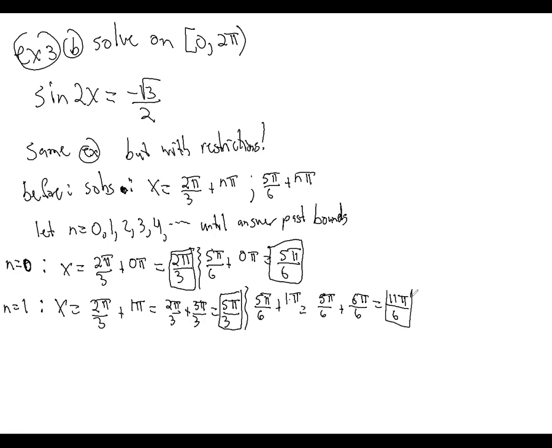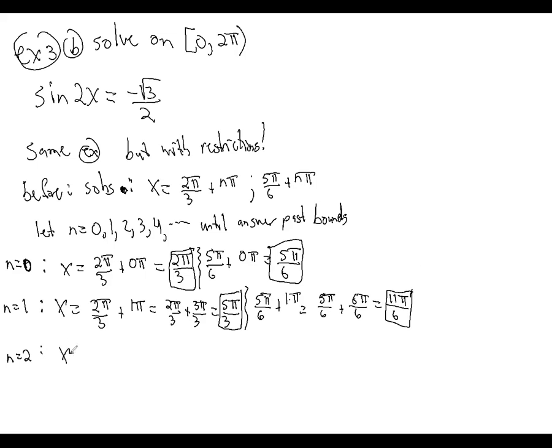12 pi over 6 would be 360. It's when the top is double the bottom with fractions. That's when you know you're at 360. So if I got an answer that was 12 pi over 6, aka 2 pi, that would actually be too large because of the parentheses, but 11's fine. All right, so we've got 1, 2, 3, 4 answers so far. Let's try n equals 2.